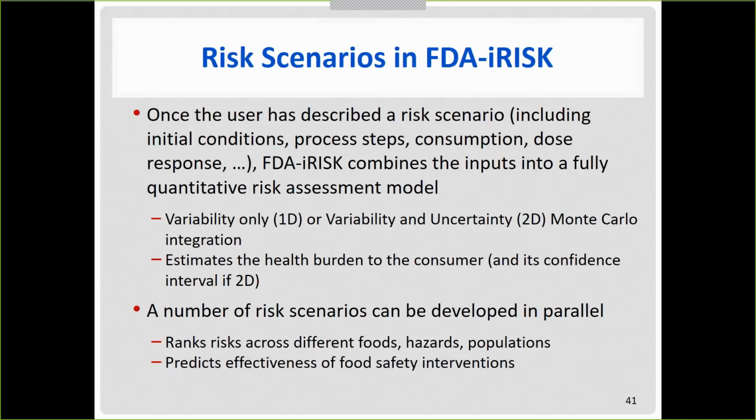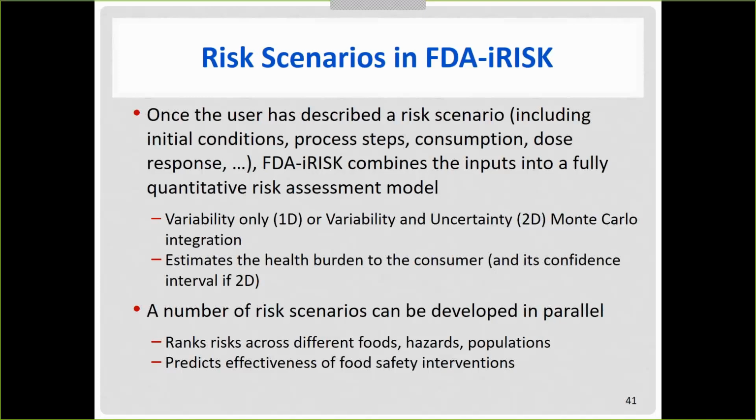And so now there is the option to use probability distributions to describe both variability and uncertainty, and the user has the option to run a 1D model or 2D model through Monte Carlo integration to obtain risk estimates for the health burden to the consumer, with the attendant uncertainty results if a 2D model is built.